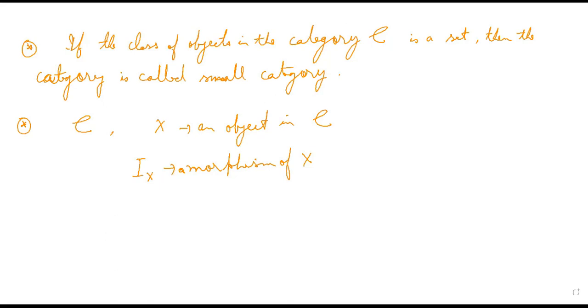It satisfies the following property: if f from X to Y and g from Y to X are any morphisms, then Ix composed f equals f and g composed Ix equals g, right?